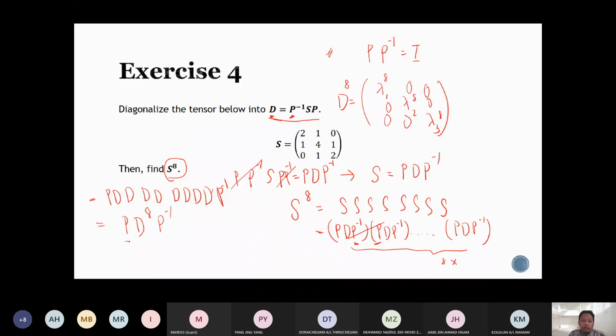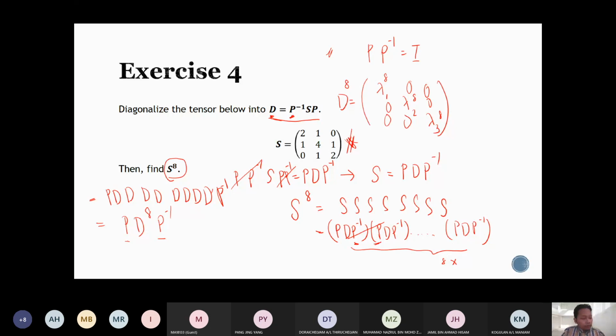So now you just need to find P and P inverse. Maybe use a calculator, or if you want to do it manually, then just multiply with D to the power of 8. I want you to try this at home. We will discuss this next week, inshallah.